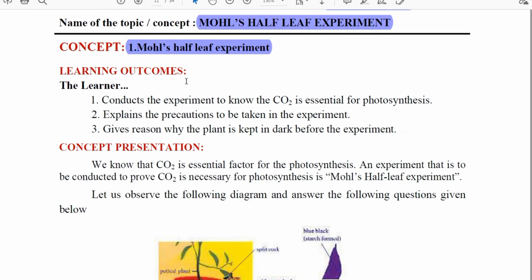Now after learning Moll's half leaf experiment, what knowledge does the student get? What are the outcomes for the learner?